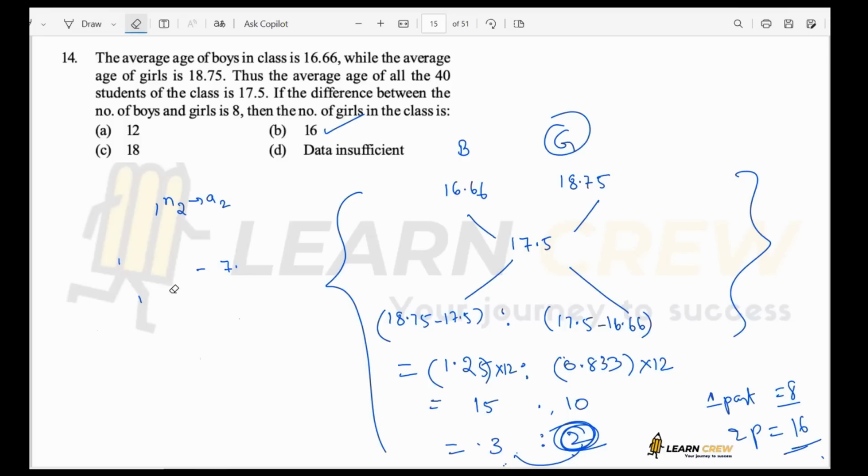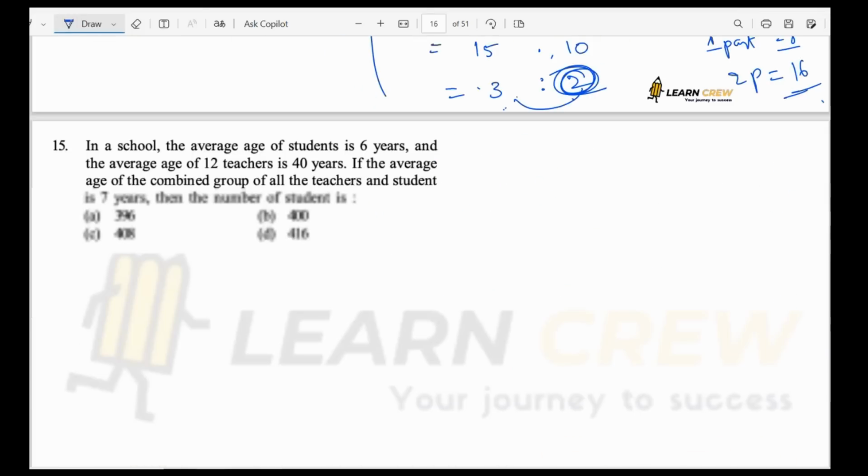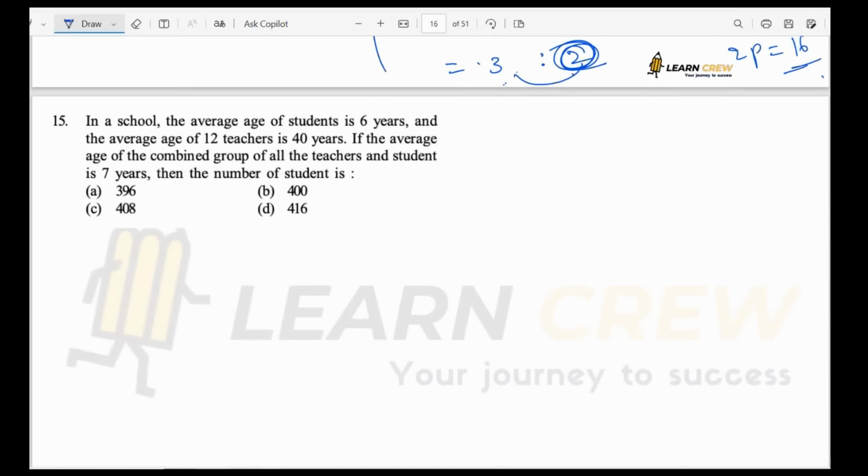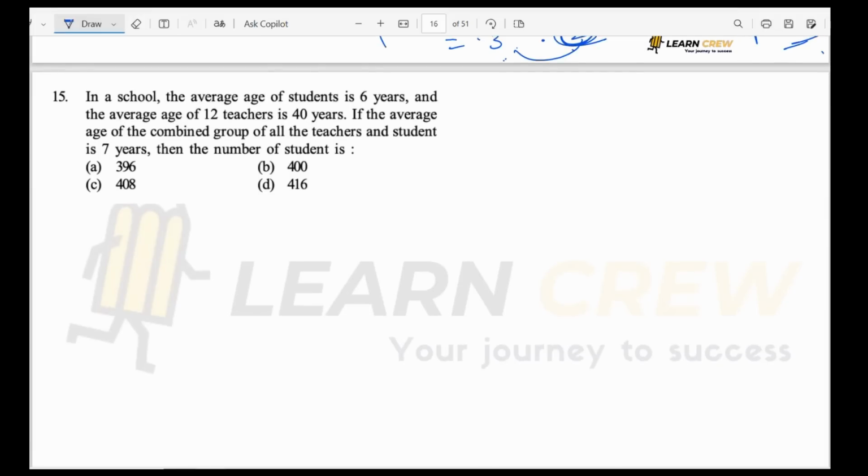Done. Now please do the next one. The average age of students is 6 years and the average age of 12 teachers is 40 years. If the average age of the combined group of all the teachers and students is 7 years, find the number of students.